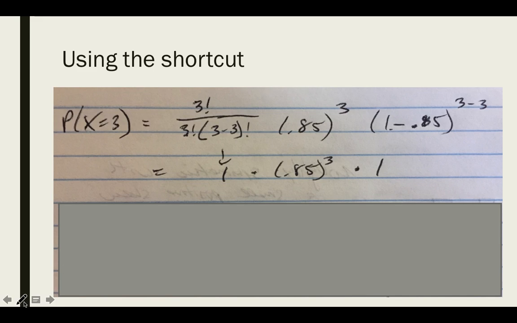So in this case, if I know that my x value is equal to 3, all 3 people are paying with the card, all 3 are successes, I'm just going to plug in every one of these cases. Well, n is still going to be equal to 3 because we're still looking at 3 total customers here.